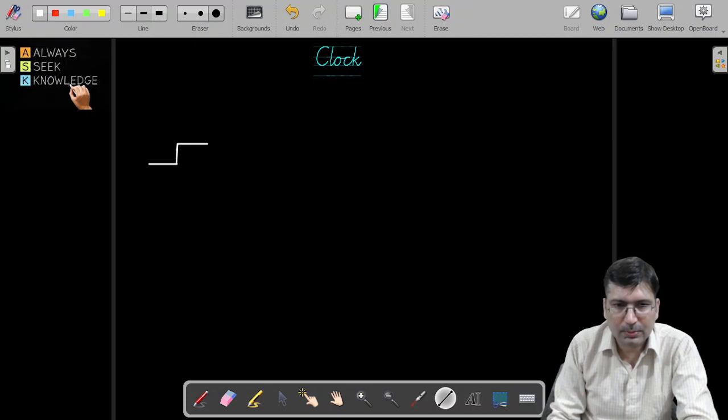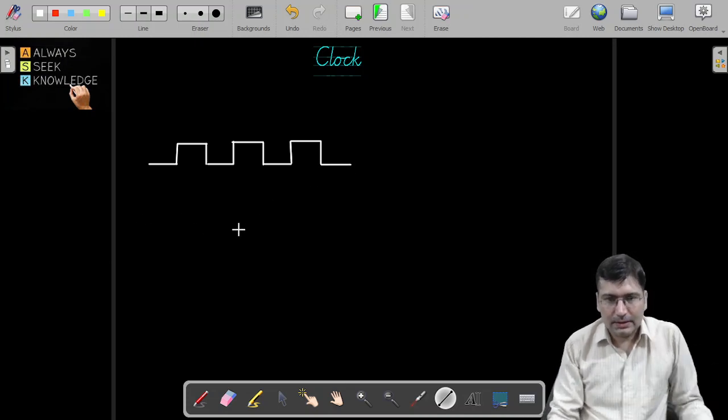For some period of time it is high, then it is low, then for some period of time it is low, then again it is high. So it is a kind of signal. Because this is a signal, it will have a frequency, it will have the time period, and so on. So let's say this is the clock.